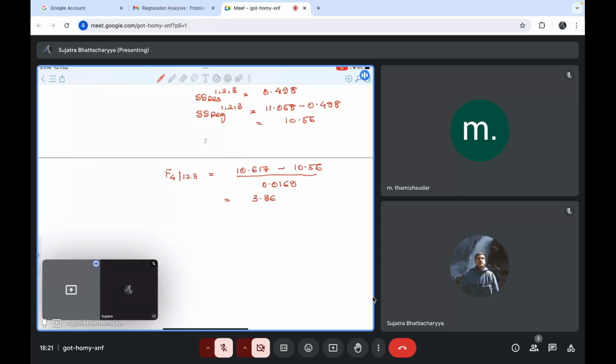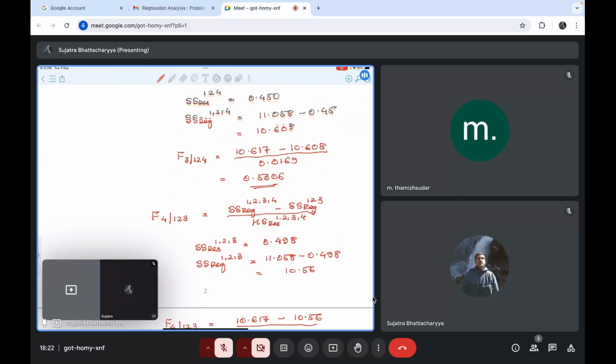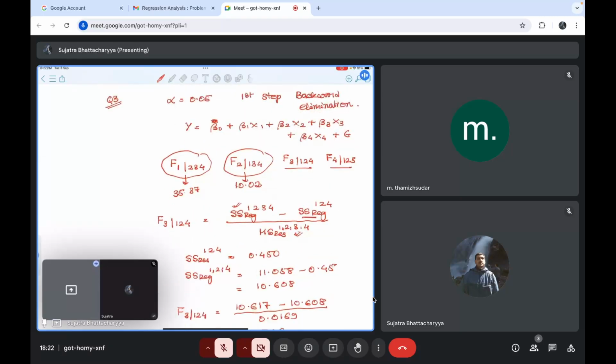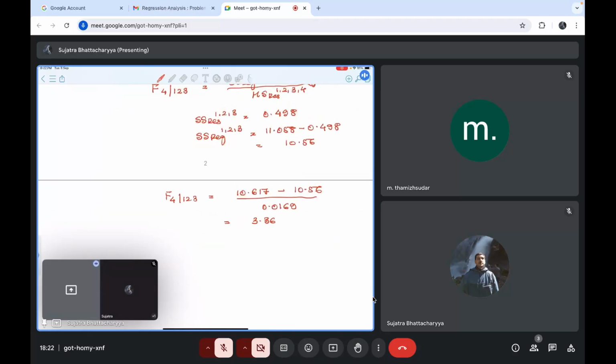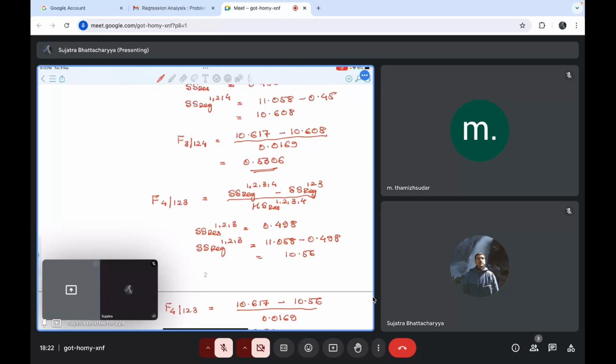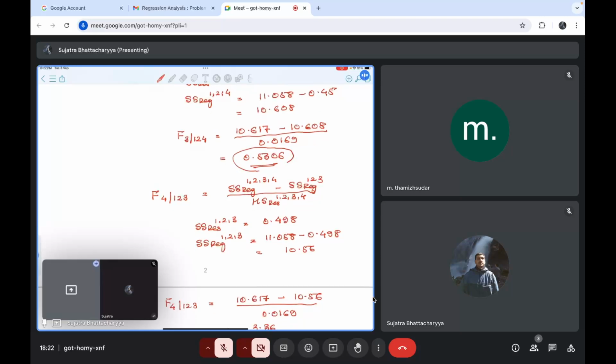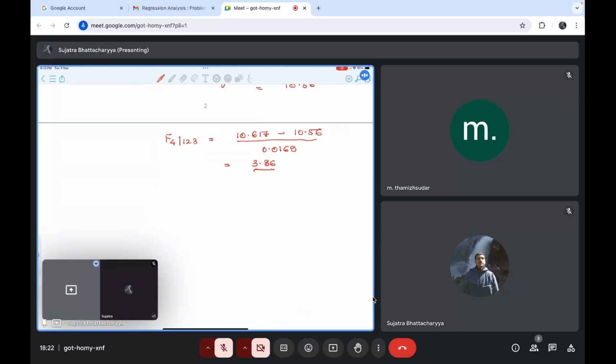Now, in backward elimination, after calculating the partial F statistics, we need to see which one is the smallest. Out of all these, 35.37, 10.02, 0.5306, and 3.36, we found 0.5306 to be the smallest. But we also need to check the critical F statistic at 0.05.